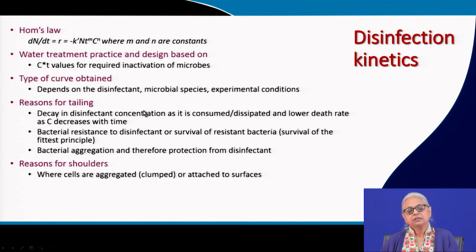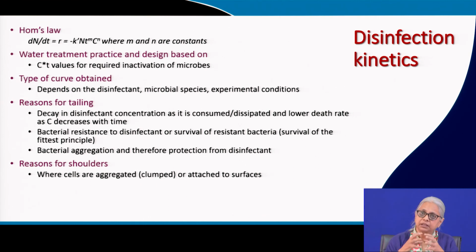Now, I also said that you see tails and shoulders. Chlorine, as you see, provides a tail in the inactivation assay, and in chloramine you see shoulders. Now what is the reason for that? We think that the tails are because of several reasons. One is that bacteria, despite the fact that they are defined as free living independent organisms, tend to remain in clusters.